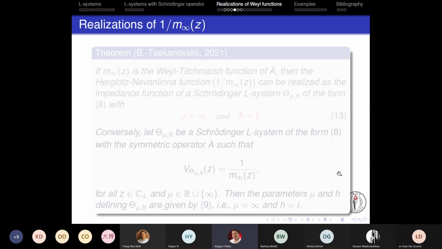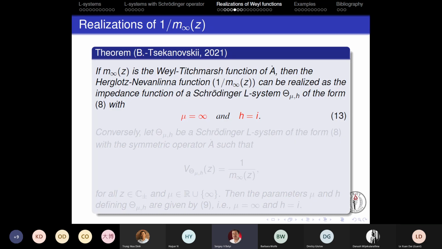Now we'll repeat the same for the other Herglotz-Nevanlinna function, the reciprocal one, 1 over M infinity. This time the values of the parameters should be infinity and i. If you notice, h did not change.